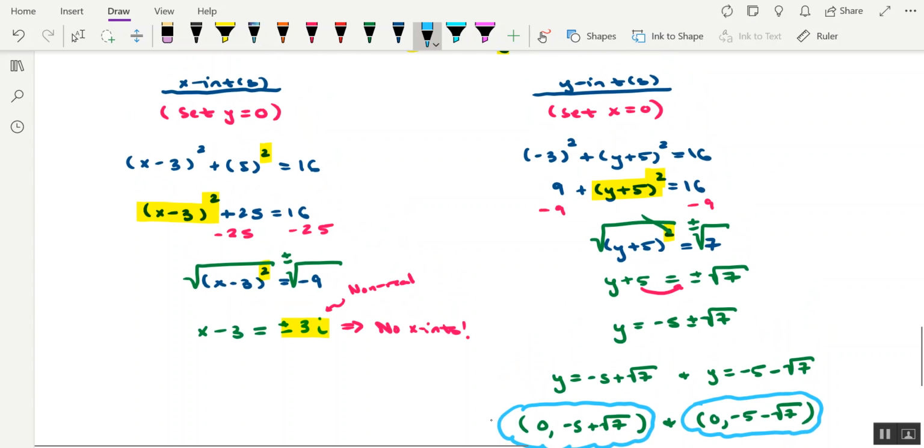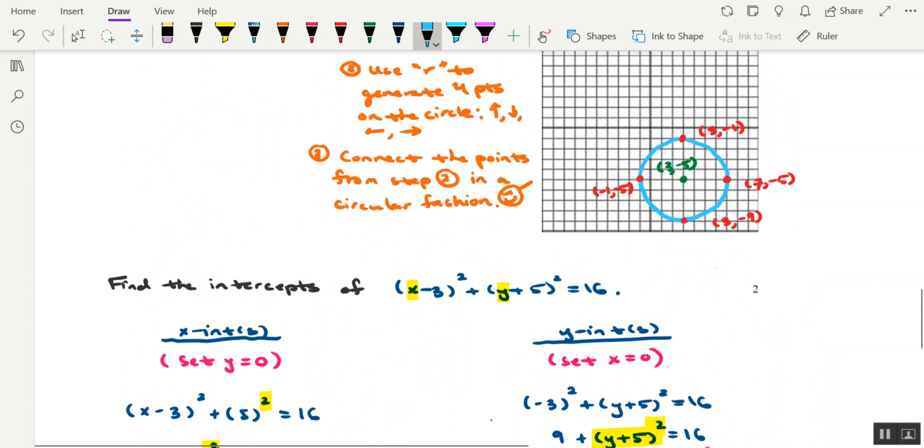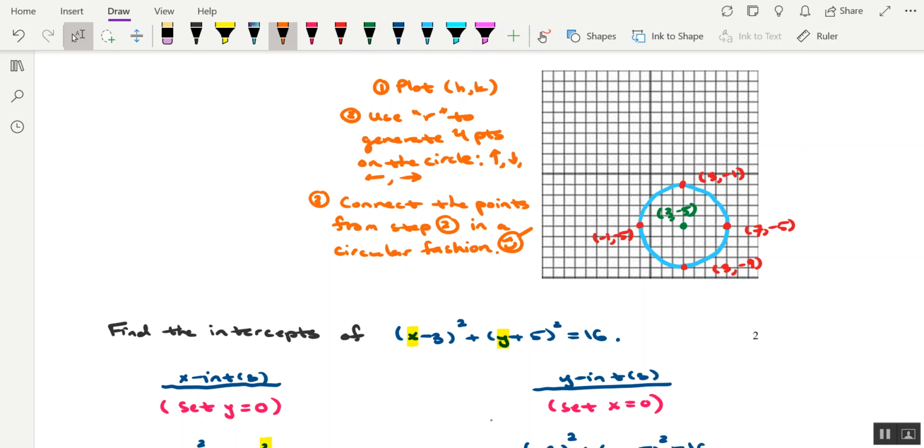Referencing our graph from the last video, it appears as though there are in fact two y-intercepts. That point right there is most likely our (0, -5 + radical 7) intercept. And then this point right here is most likely our (0, -5 - radical 7) y-intercept.